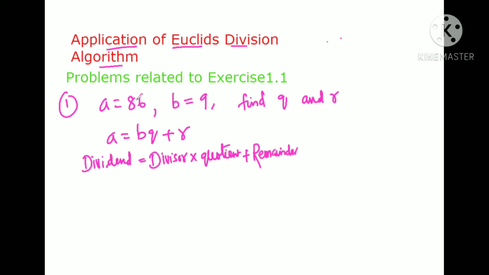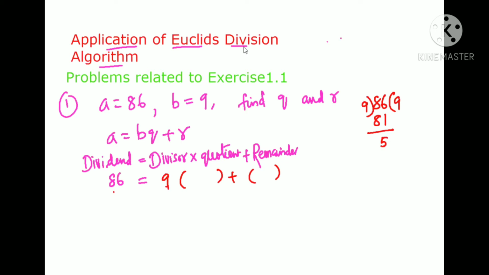So 86 is the dividend here. Now the divisor is 9. You have to find the quotient and remainder. To find them, simply divide 86 by 9. 9 nines are 81, so 5 is the remainder.